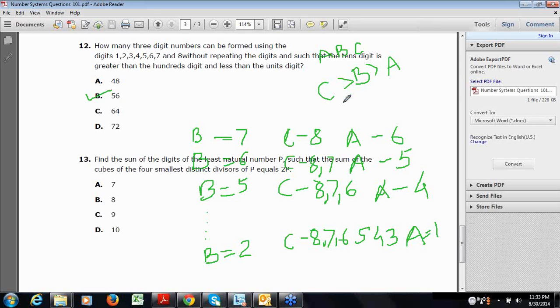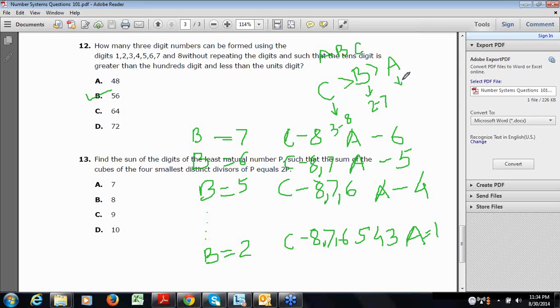Now B can have values from 2 to 7. C can have values from 3 to 8.